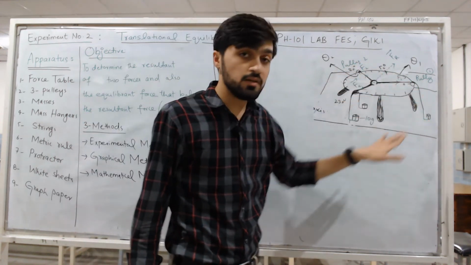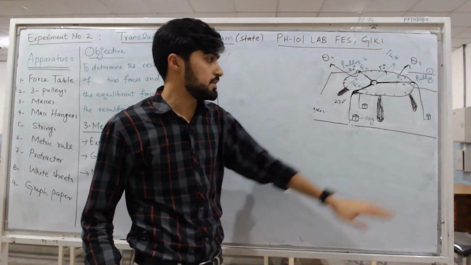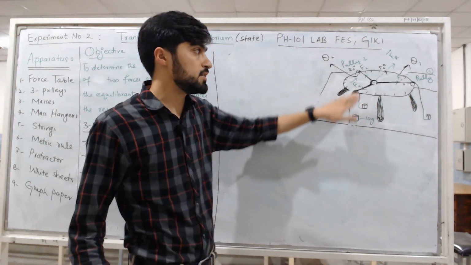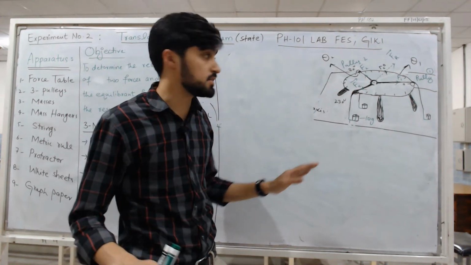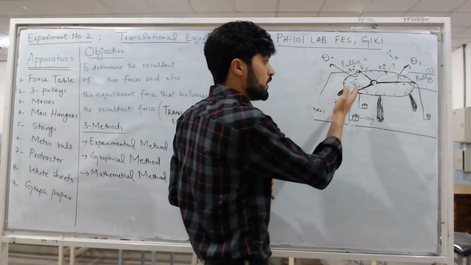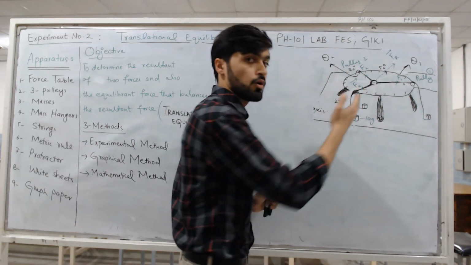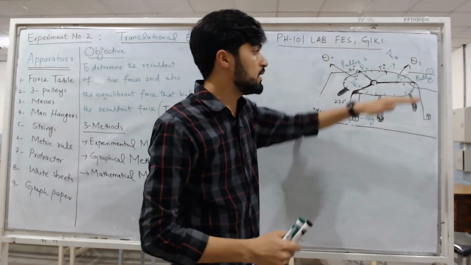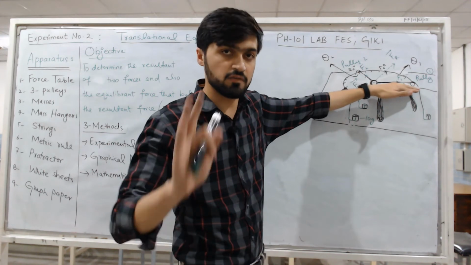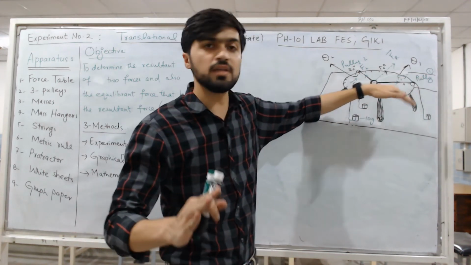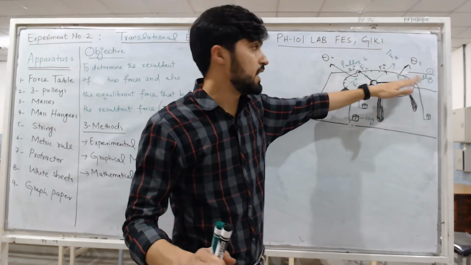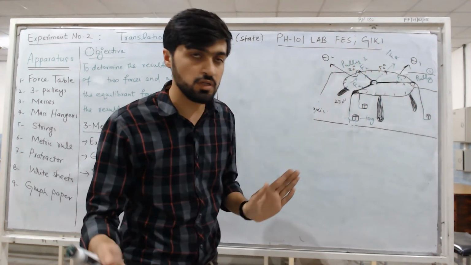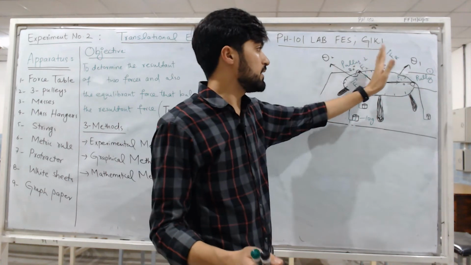Then in the third case, you will be using different masses, let's say 15, 20, 25, and definitely you will have to adjust the pulleys accordingly. Always keep the first pulley at 0 degree for the sake of simplicity. You can use it anywhere, but keep the first pulley at 0 degree and the second pulley at 120 degree or 90 degree.